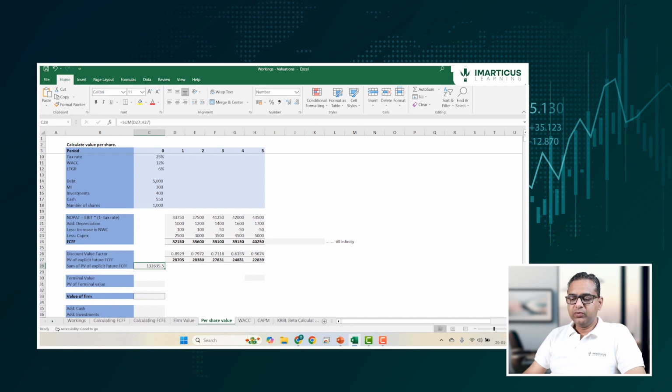Let's calculate the terminal value, which is the value at the end of the explicit period of all the free cash flows that are expected to occur after the explicit forecast period till infinity. Using Gordon growth model, we calculate it as FCFF into 1 plus long-term growth rate, divided by WACC minus long-term growth rate.